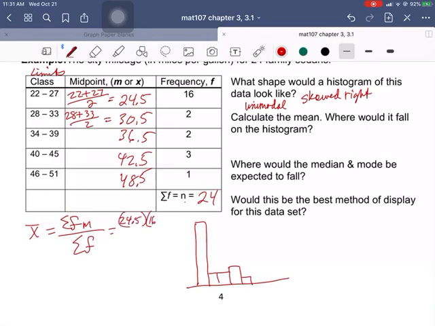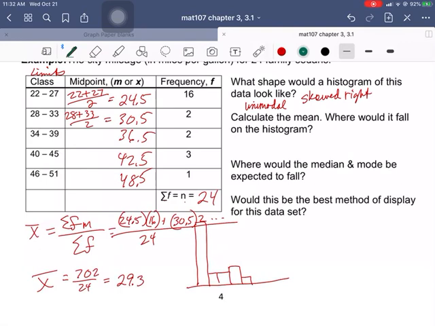You can look at the key, but basically it's going to be 24.5 times 16 plus 30.5 times 2, etc., over 24. Okay, so apparently this comes out to 702 over 24, which equals 29.25. So we're going to round that to a 29.3 for my X bar.